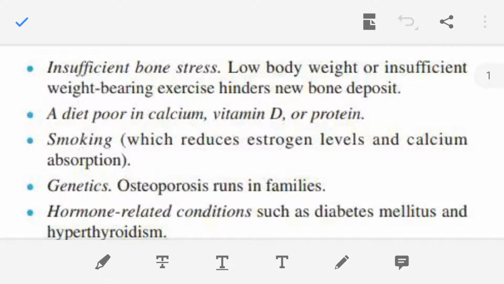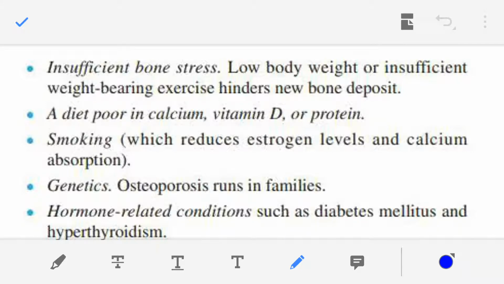Then the second reason is insufficient bone stress. If the bones are not properly stressed, that means the bones are not given tension or pressure, it is also a reason for osteoporosis to occur.